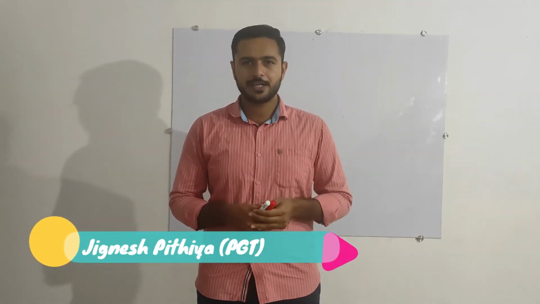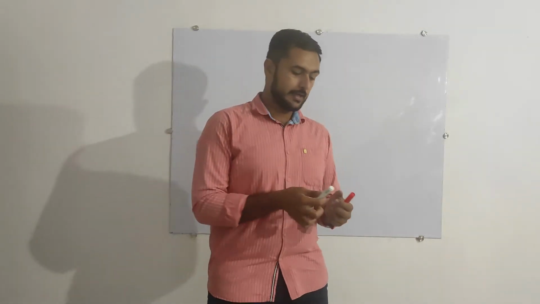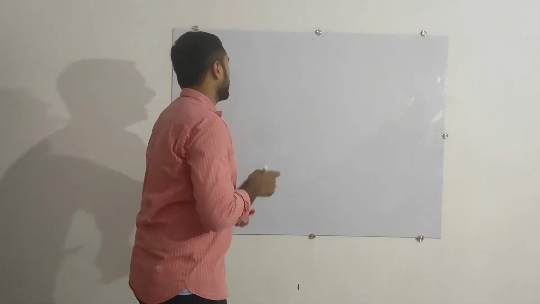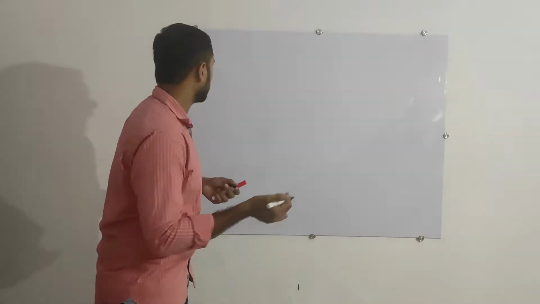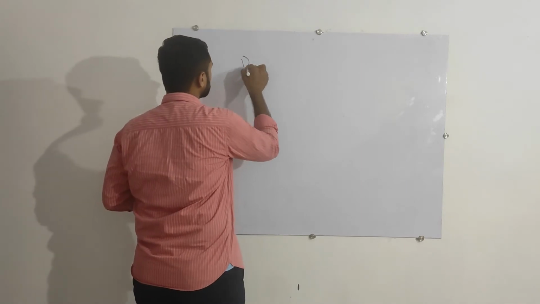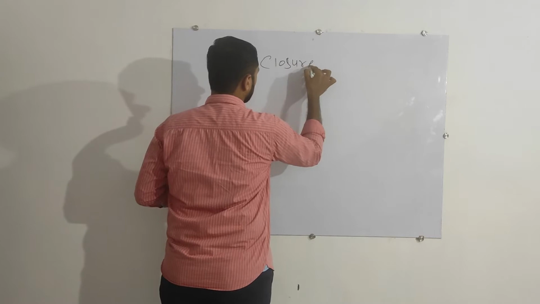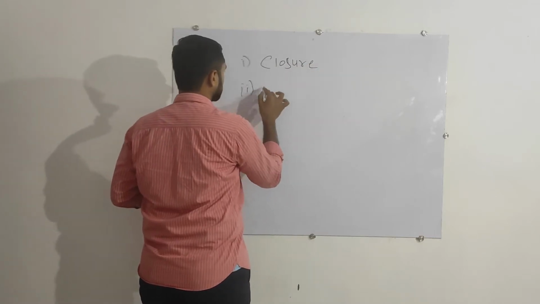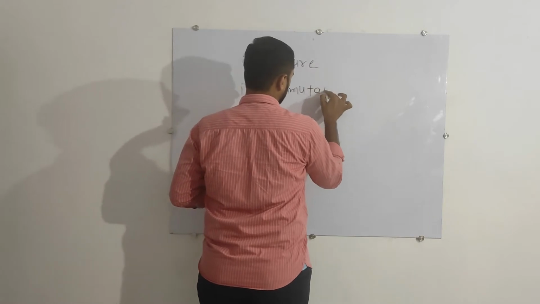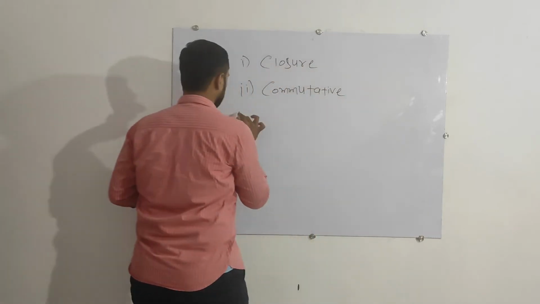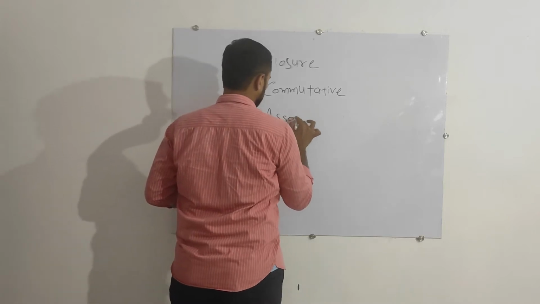Before we start today's lecture, let's recall what we did in our last lecture. Okay, so let's do the quick revision. In the last lecture, we discussed the different properties. The first one was closure, the second one was commutative, and the third one was associative.